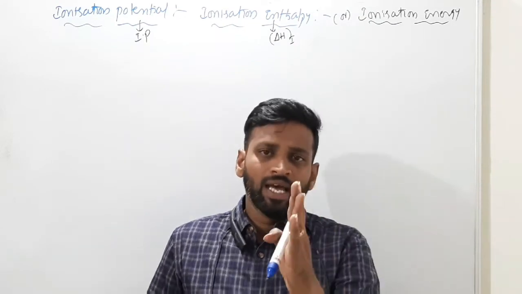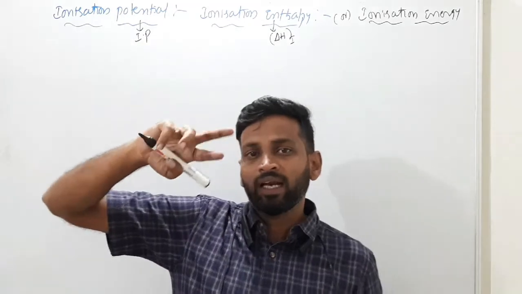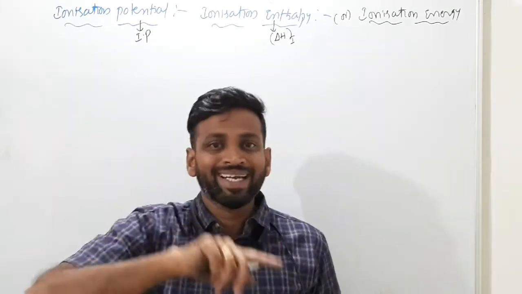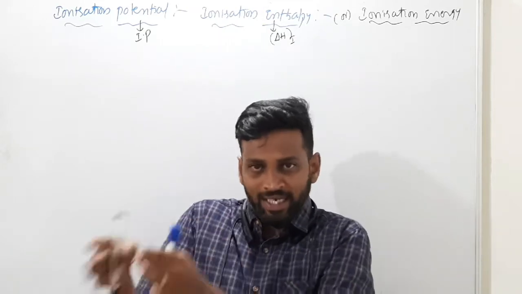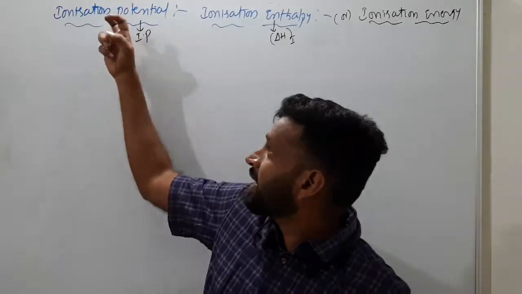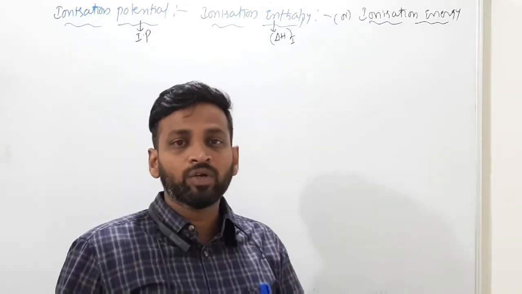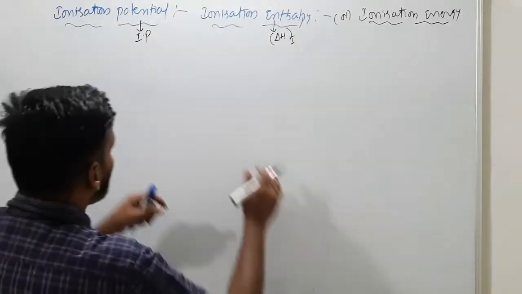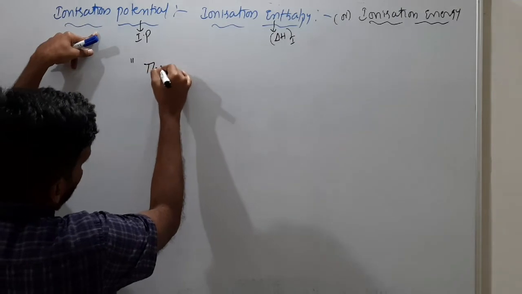Got it? In the energy of the nth orbit also, I said IP and the energy of the nth orbit have opposite signs. Energy of the nth orbit is negative, but ionization potential is positive, because it is the amount of energy required to remove an electron. So what is ionization potential? I will write the definition.